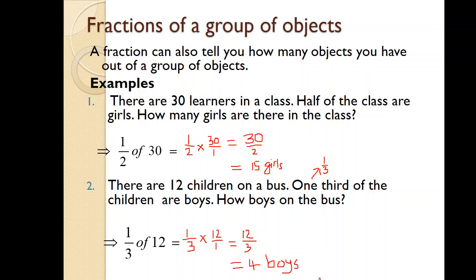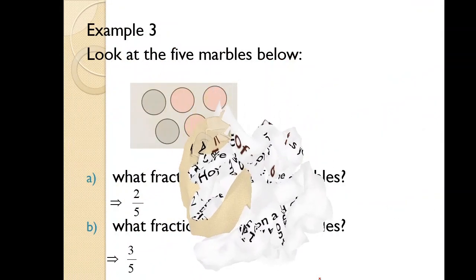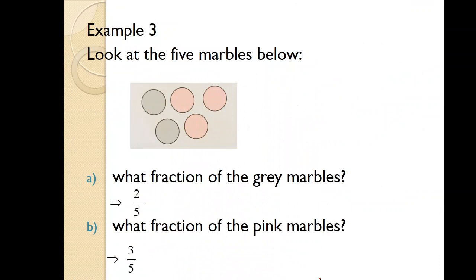Okay, let's move on. The next example says look at the 5 marbles below. Then the question asks, what fraction are the gray marbles? You can see that we have gray marbles here, which are just 2. Since there are only 2, the fraction will be 2 over 5.